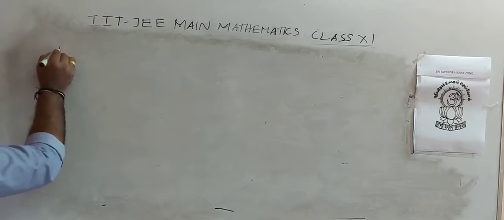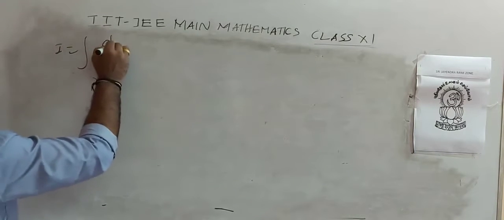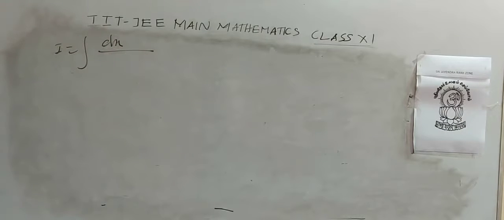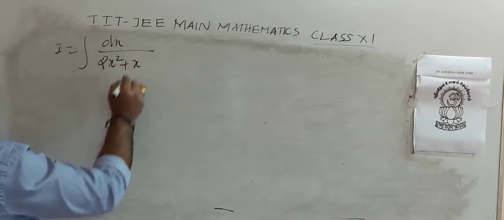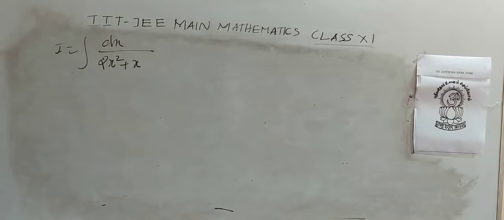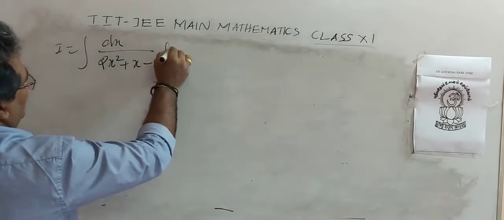Integral dx by 2x squared plus x minus 1.